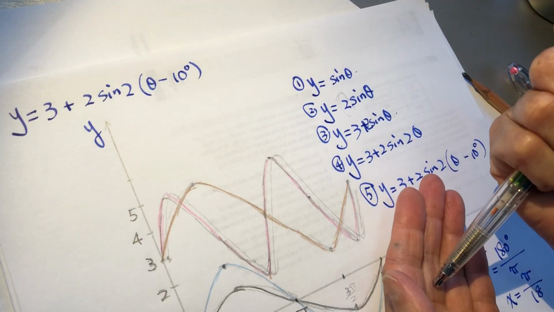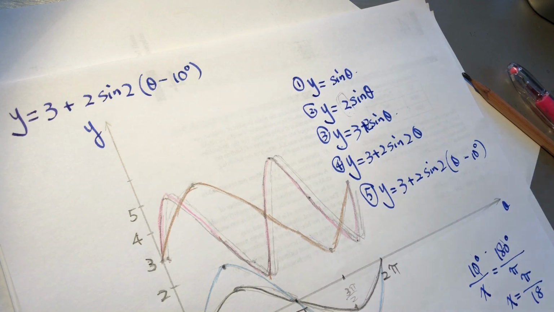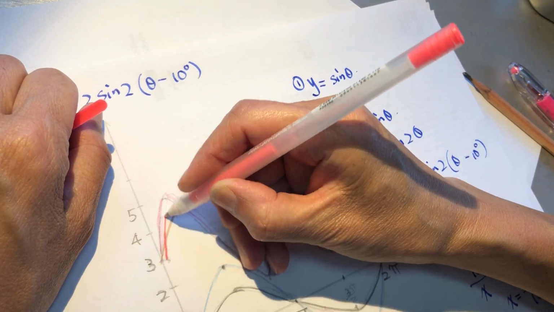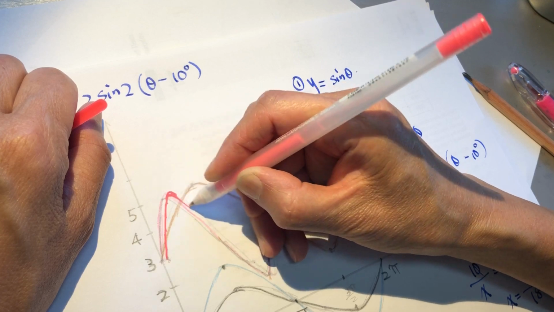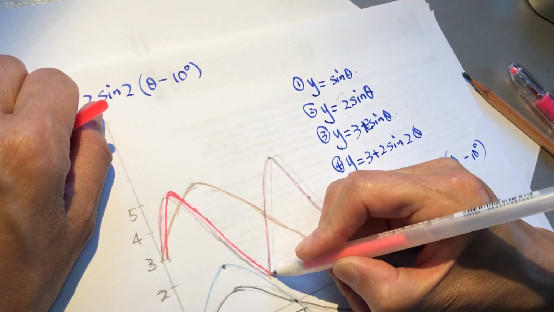Now we will do this one. Okay, what color do we get? Orange. No, we will not use orange. We will use the finishing one, the most significant one.